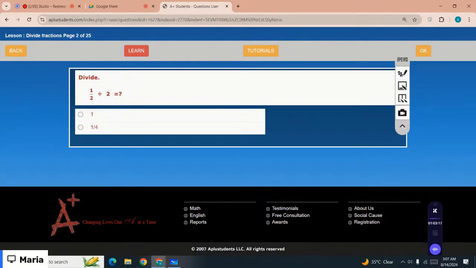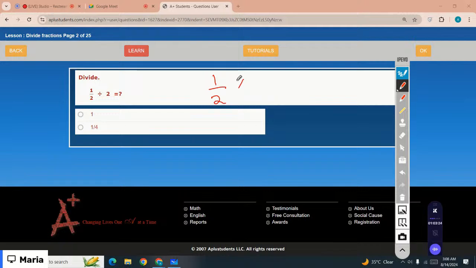The next one is 1 by 2 divided by 2. You have to do exactly the same thing. Replace the division sign with multiplication and take the reciprocal of the term after. The reciprocal of 2 is 1 by 2. So you have to do 1 by 2 times 1 by 2.